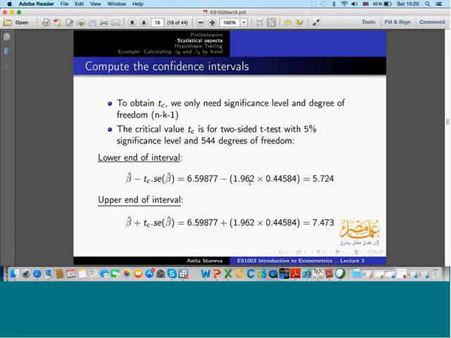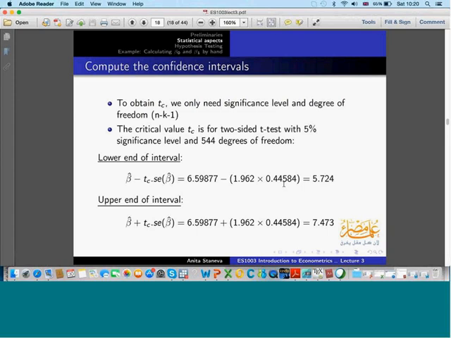1.96 is the critical t-statistic for the two-sided t-test with the 5% significance level. This is given for you. Normally, this is a rule. I'll bring this rule later on, but as a rule, we use 1.96.